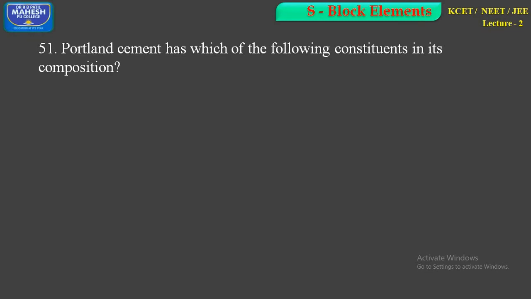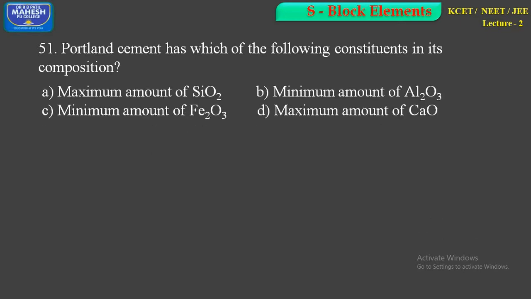Question 51. Portland cement has which of the following constituents in its composition? Option A, maximum amount of silicon dioxide. Option B, minimum amount of aluminium oxide. Option C, minimum amount of ferric oxide.